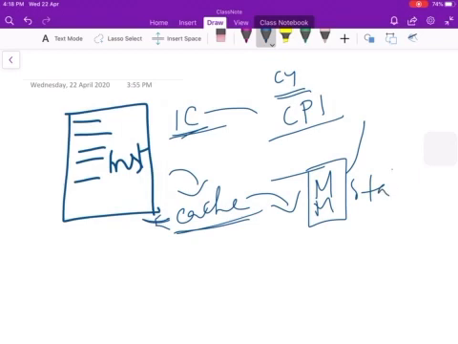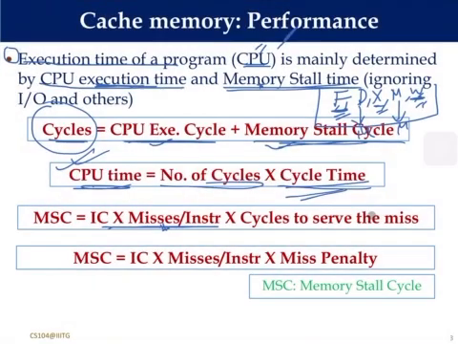When you go to the next level of memory, that will depend on the misses. As we know, the number of misses per instruction, multiplied by 100, gives the miss rate.